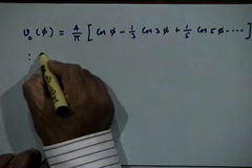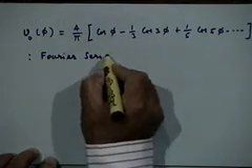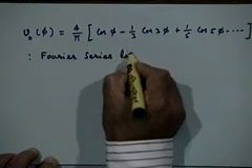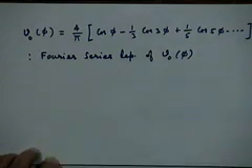This is the Fourier series representation of V naught of phi.